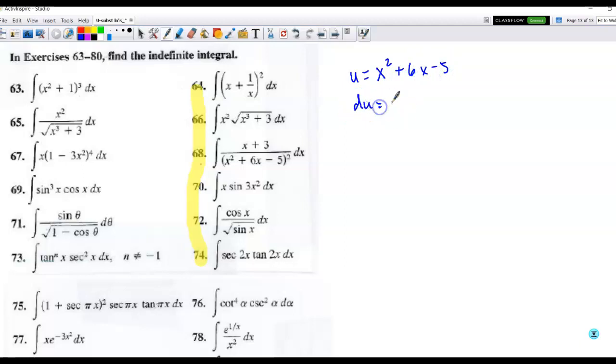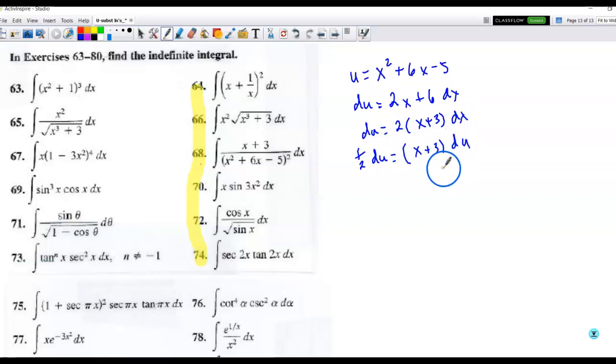The derivative of that is 2x plus 6. And if I factor out a 2, I will get the x plus 3. There's my dx. My x plus 3 in the numerator. I can divide the 2 to the other side.